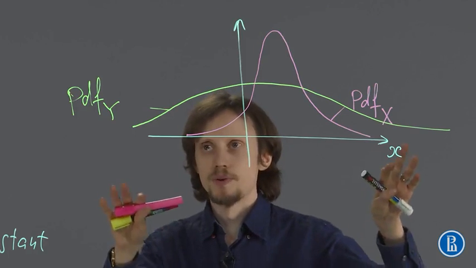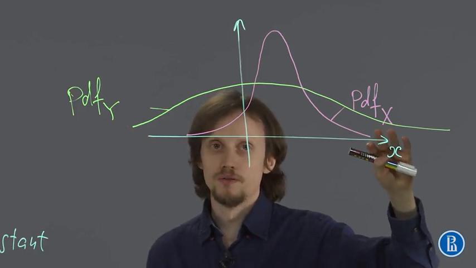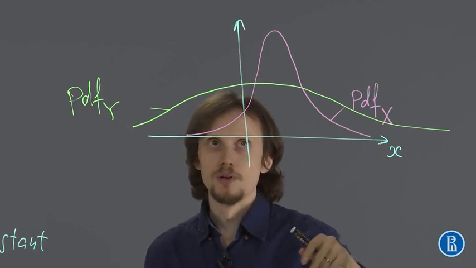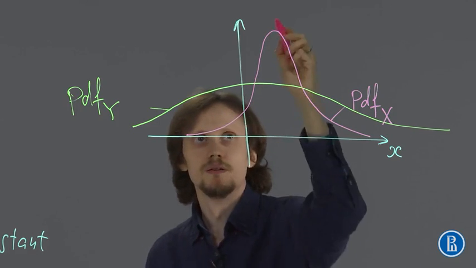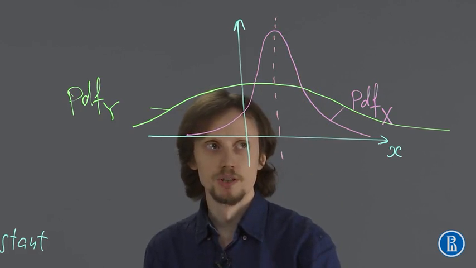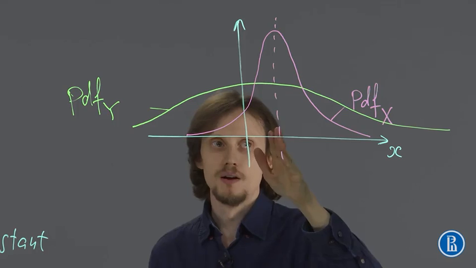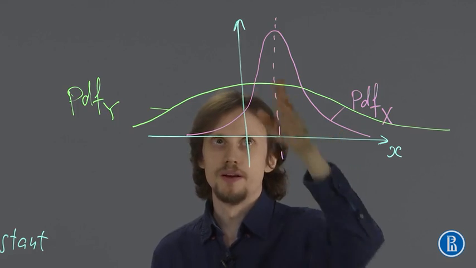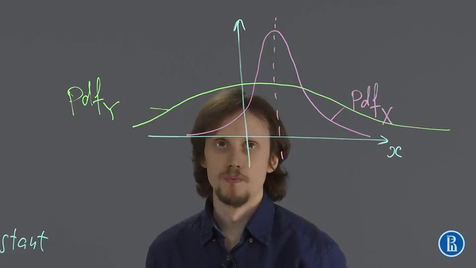We can reasonably expect that the variance of y is larger than the variance of x, because for x, the expected value is somewhere here, and the probability that we find a value of x far from the expected value, for example here or here, is very small.